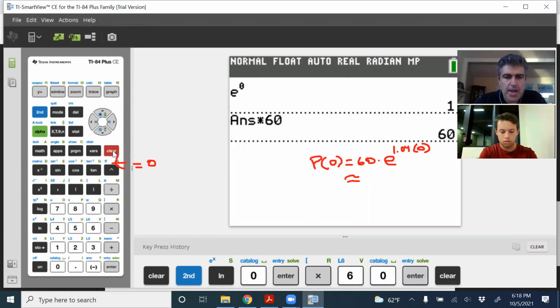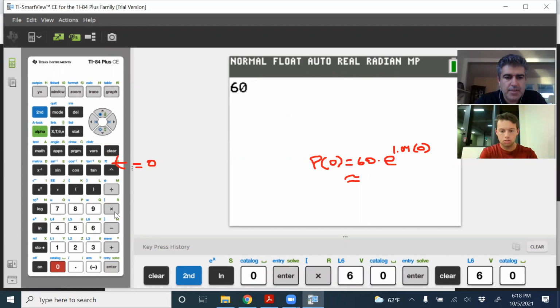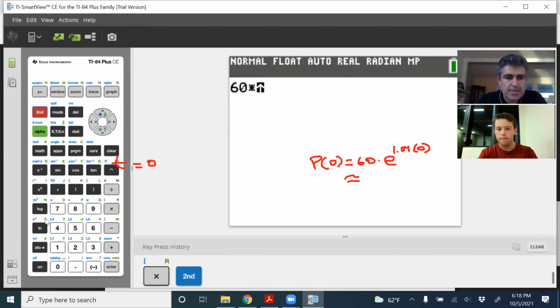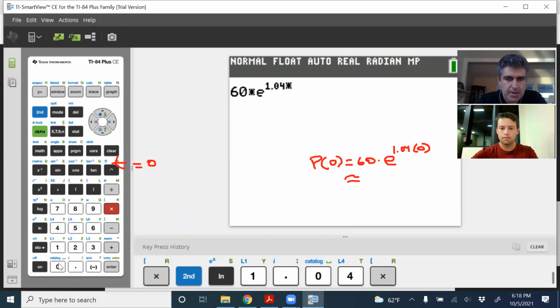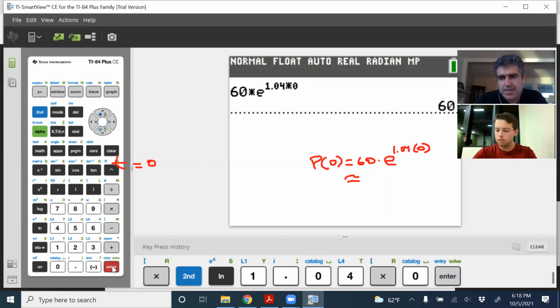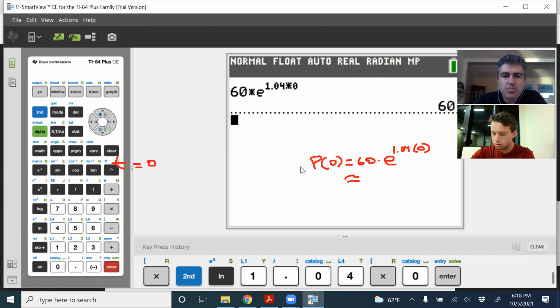Or if you do it all in one shot, 60 times second ln 1.04 times 0, still get 60. Okay. So that's all I did. So that's your initial value.